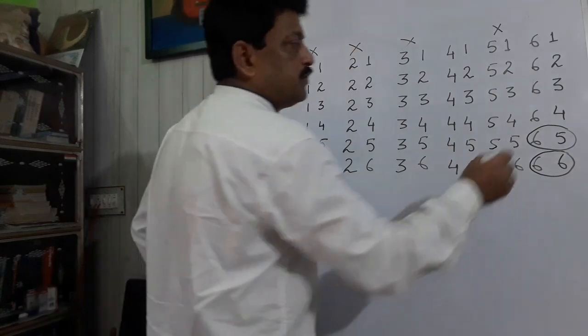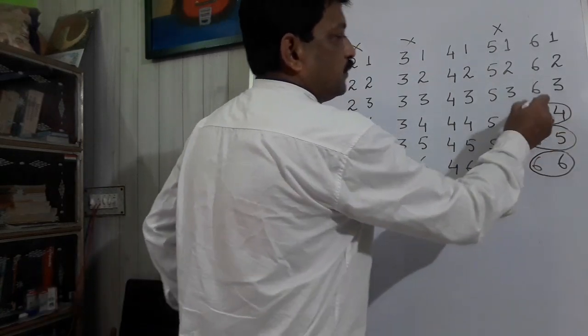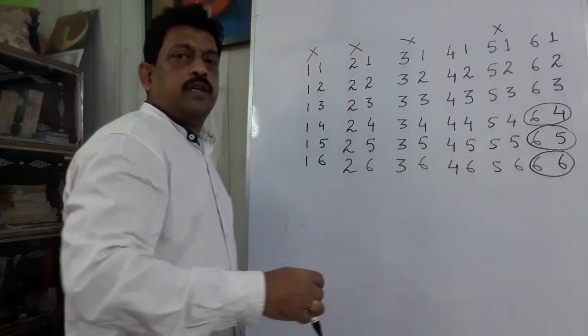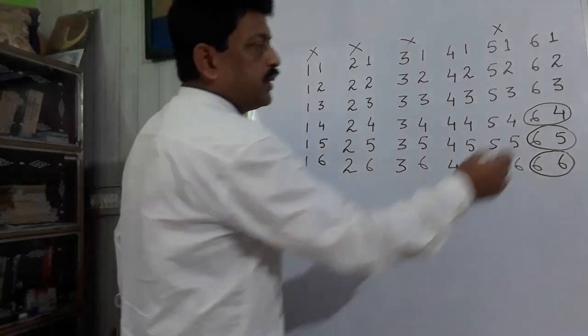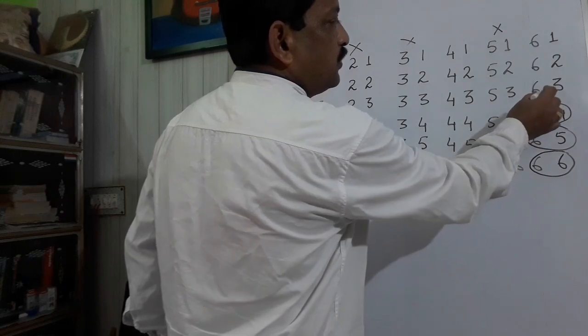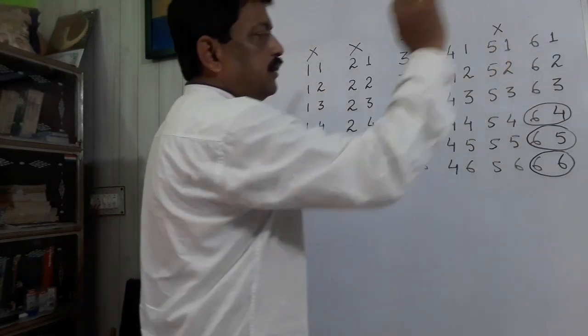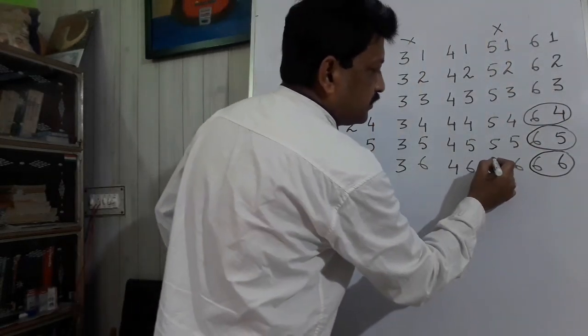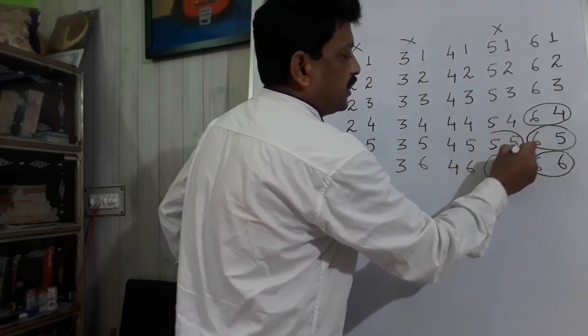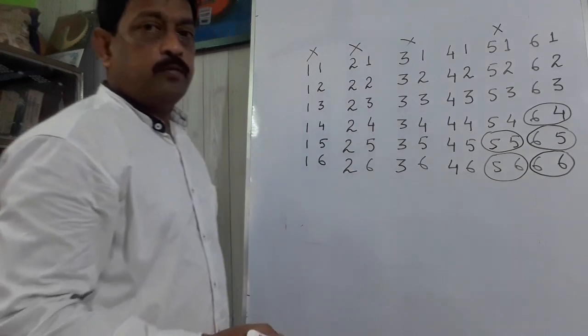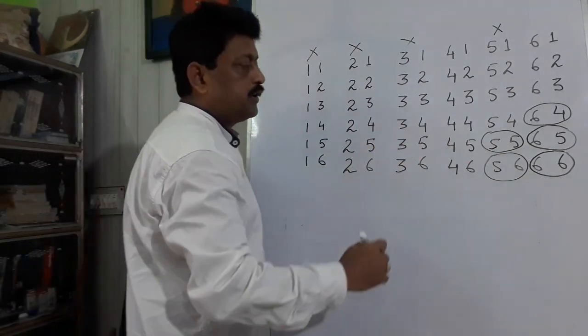We have to take this. 6, 4. 10. We can also take this because the question is 10 or more than 10. So we can take these 3 cases. Now this is 9, this is 8, this is 7. Leave them. Come back here in the next row. 5, 6 is 11 and 5, 5 is 10. These 2 cases are also favorable. They are either 10 or more than 10.